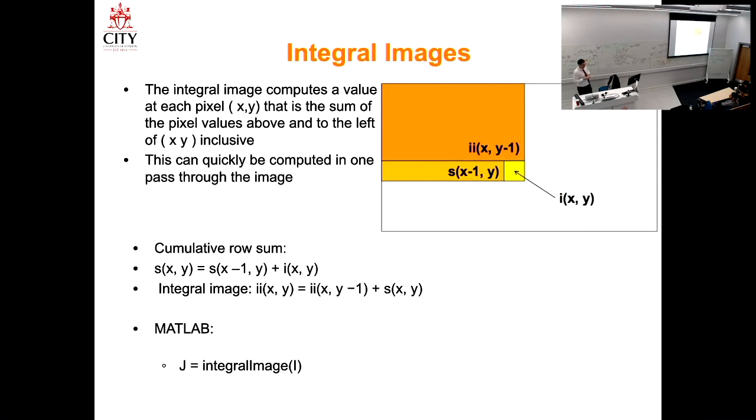So if I have 1, 2 and 3, in my integral image I will have 1, 3, 6. It's very simple, right? 1 plus 2 is 3, 1 plus 2 plus 3 is 6. So I calculate this image once.